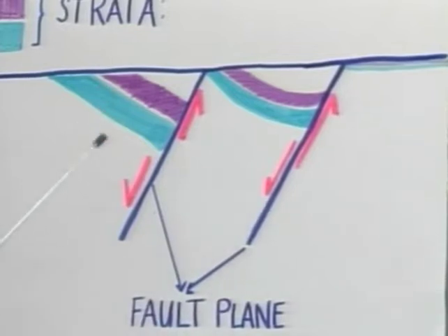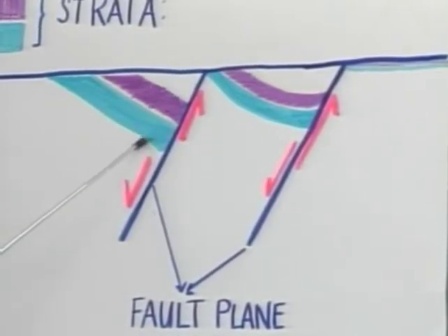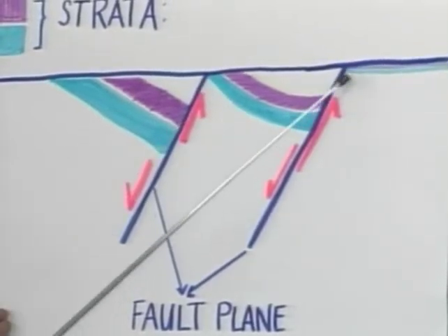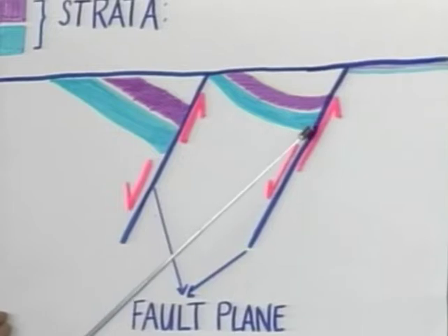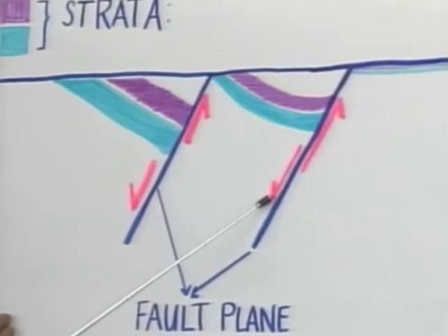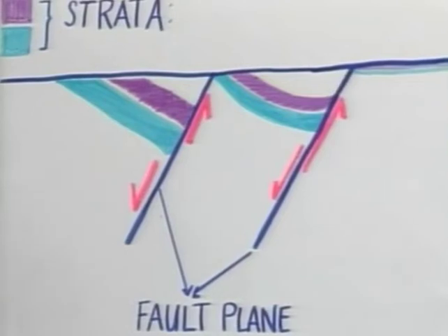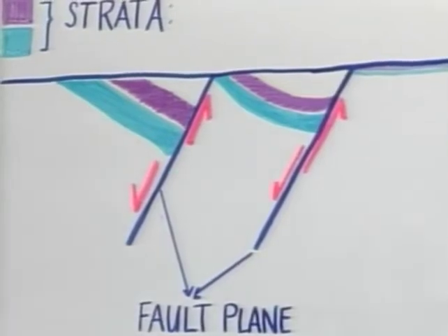So if you look at this particular fault line here, this layer has actually moved in this direction, whereas this one here in that direction. Whereas for the second fault line, this layer here has actually moved in this direction and this one in that direction. Questions?